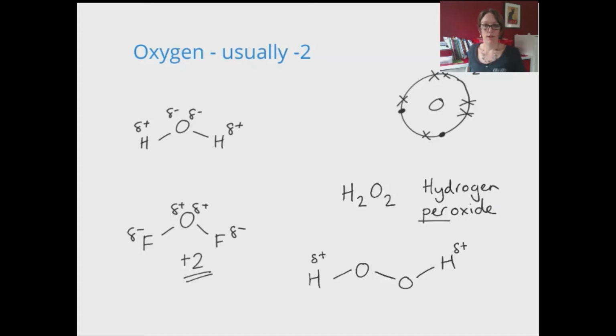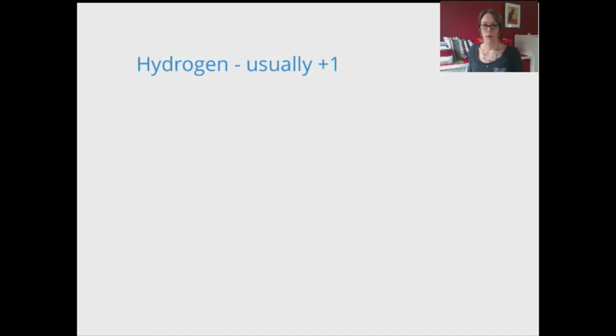The hydrogen-oxygen bonds are polar because hydrogen is less electronegative than oxygen. But the oxygen-oxygen bond is not polar because there's obviously no electronegativity difference between the 2 oxygens. If we now look at how we've written our delta minus, each oxygen only has 1 delta minus on it. So it's only forming 1 polar bond instead of 2, so it becomes -1.